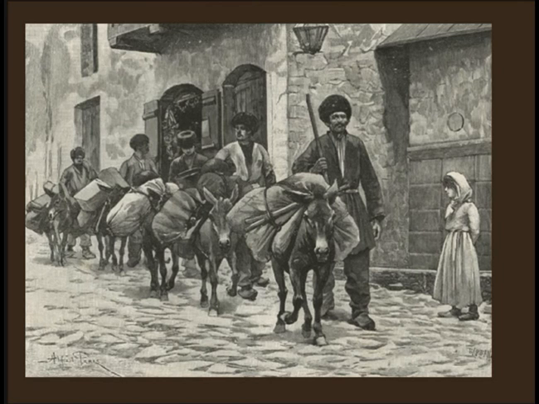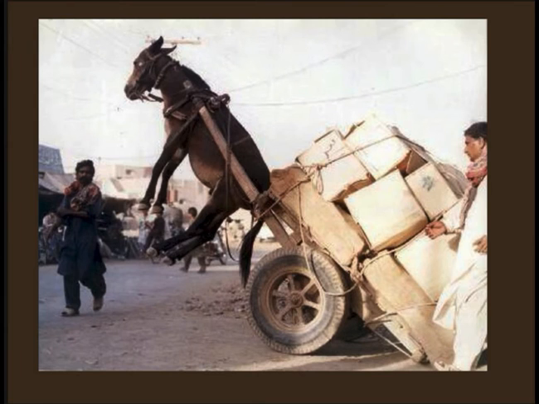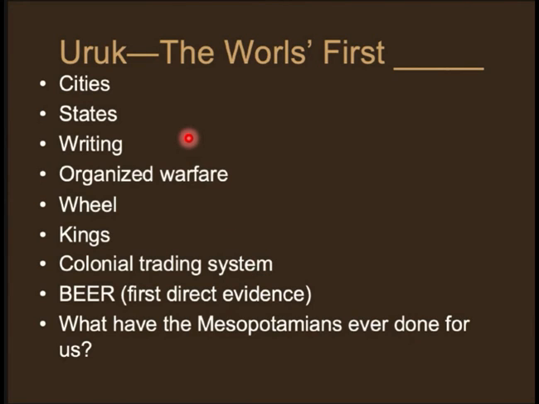Otherwise, they had to be transported by human porter. Humans had to carry them. Right? And even with a donkey, there's a limit to how much you can carry. And so it's much more expensive in terms of what you're going to get back and the investment you put into transportation.